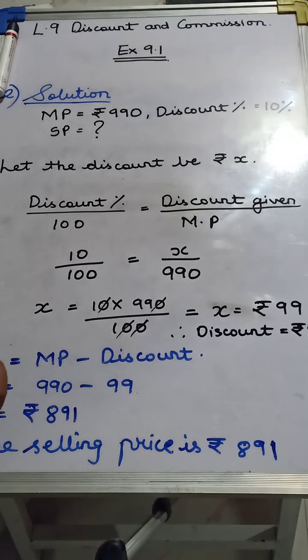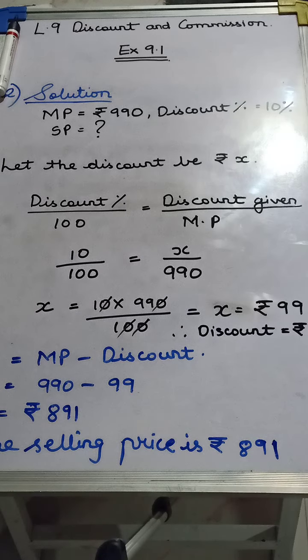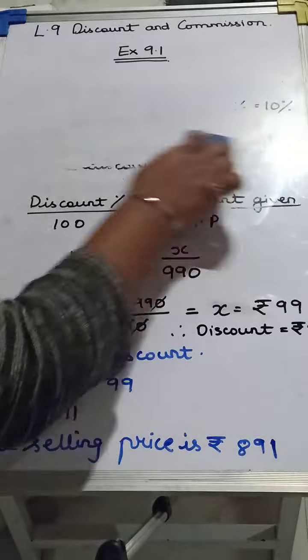Okay. So now we'll continue with the third sum. So you all note down the whole sum. First you all will write the question and then the solving sum. Okay.